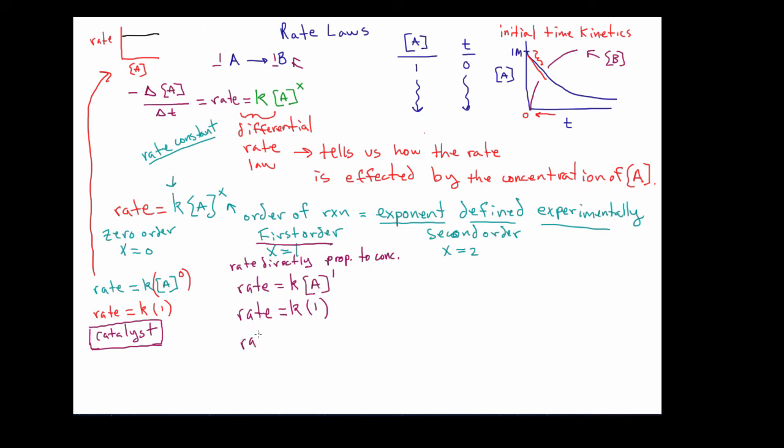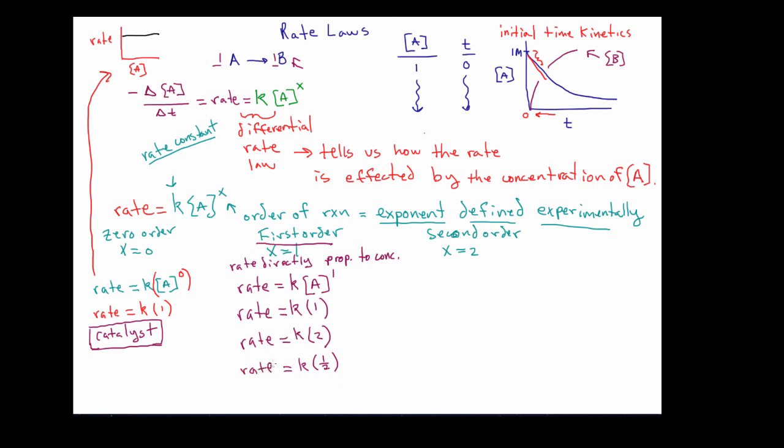So now when I rewrite this expression, you'll see that the new rate is going to be equal to K times 2. So the effect on rate when we doubled the concentration was to double the rate. Similarly, if we were to cut the concentration in half, so I plug in 1/2 for concentration, you can see what's going to happen to the rate.